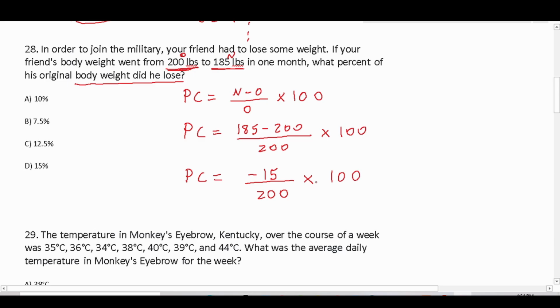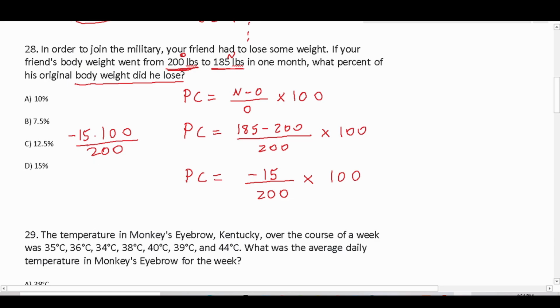The next thing I want to do is to get rid of this 100. You might be able to see this, but basically this is the same as, and let me write it off to the side, negative 15 times 100 over 200.